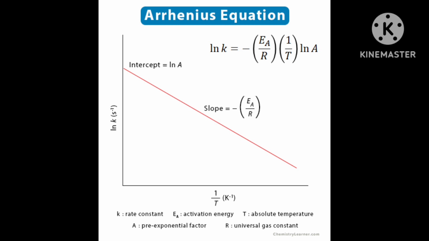By this graph, ln k versus 1 by T, it gives a straight line.